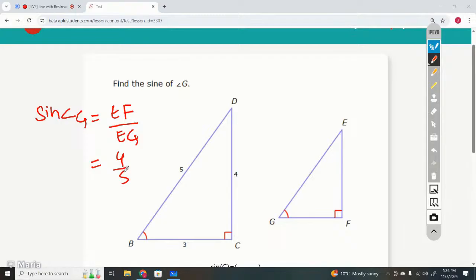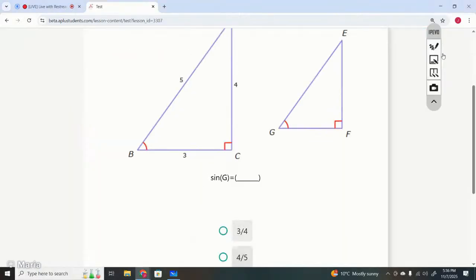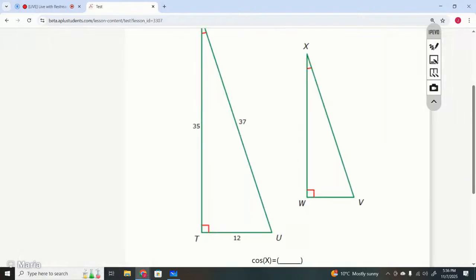That equals 4 over 5. That is 4 by 5. Option number 2 is the correct option.